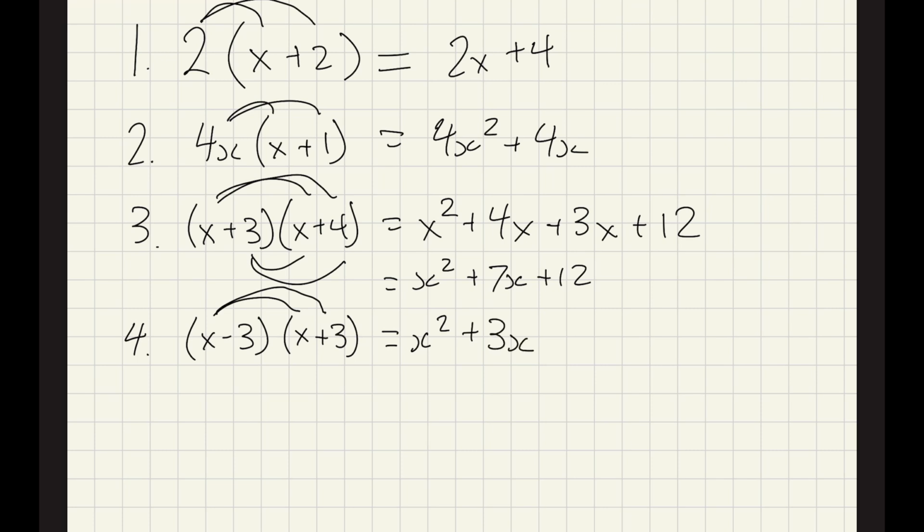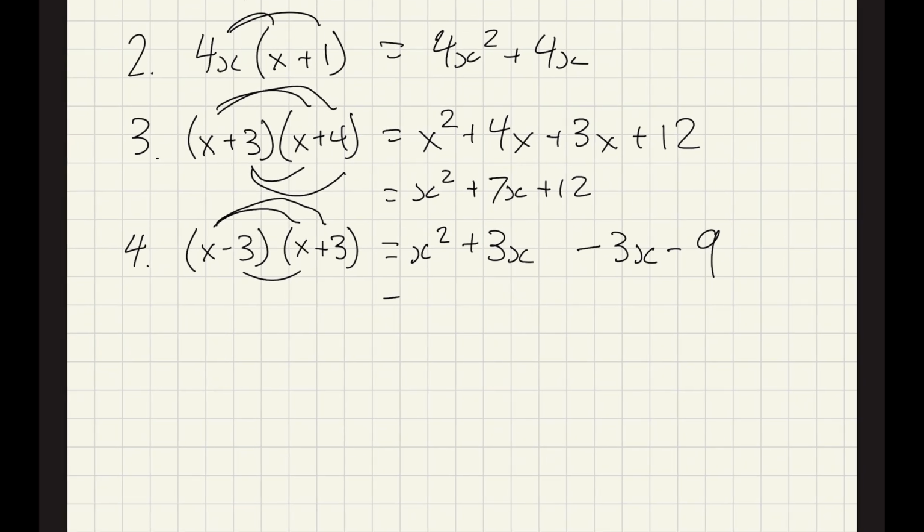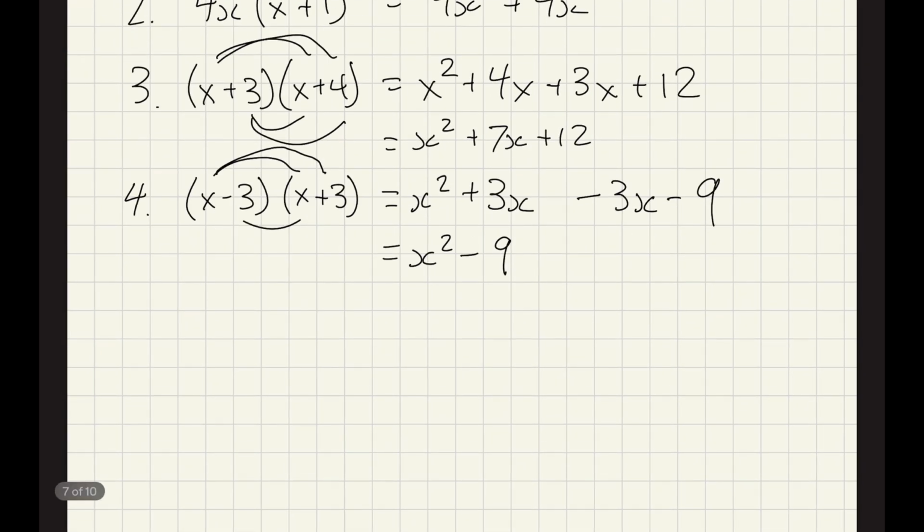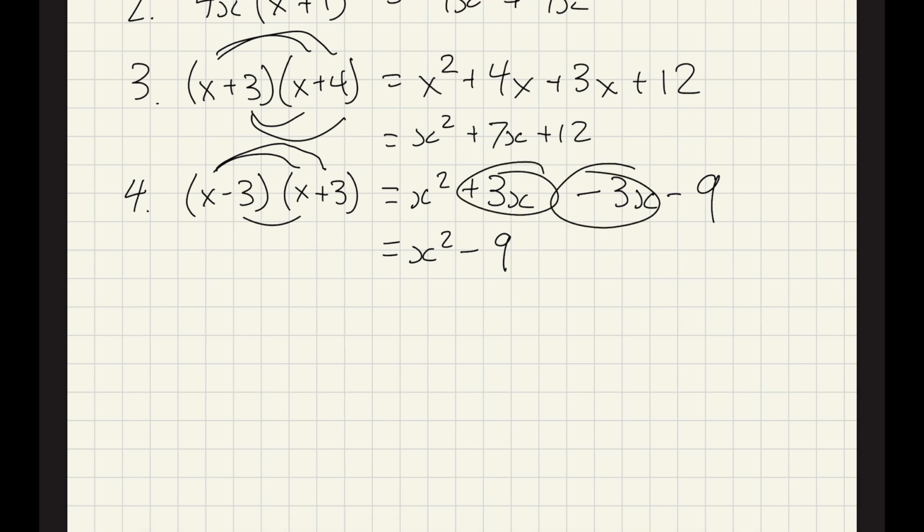Now we get into minus 3 times x, plus minus 3x, which is essentially just minus 3x. Minus 9, because we have negative 3 times positive 3. That gets us x squared minus 9, because this term and this term cancel each other out.